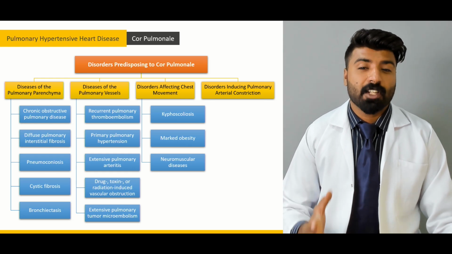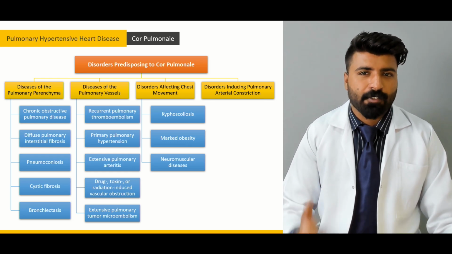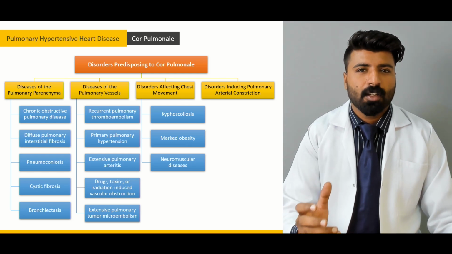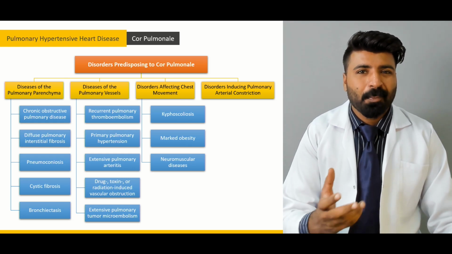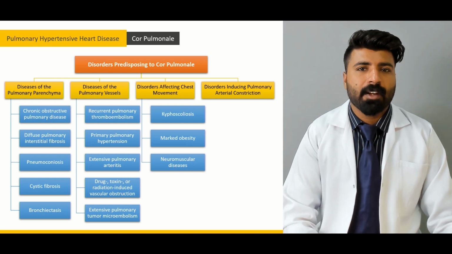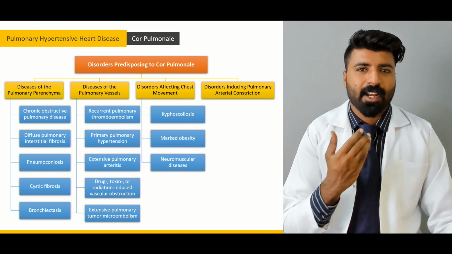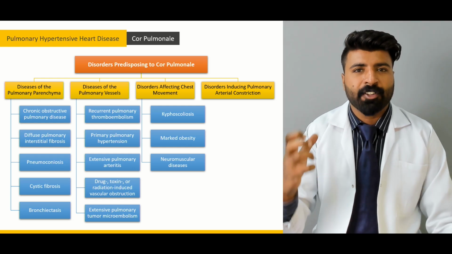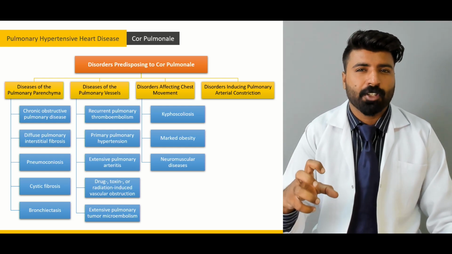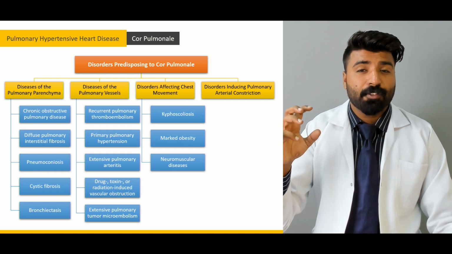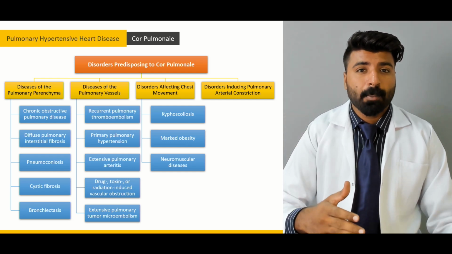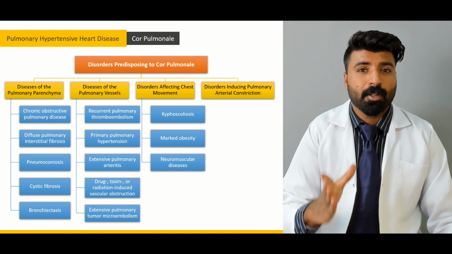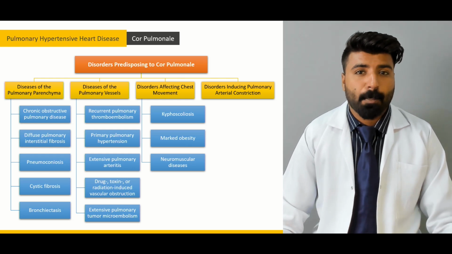If the respiratory muscles are not working, if the diaphragm is not working, what will happen? You cannot breathe enough. You cannot expire enough. If they're not inspiring and expiring, there's no oxygen whatsoever. The blood will start pooling in the right ventricle, and it will need more and more pressure for the blood to go through the pulmonary vasculature. So that will lead to pulmonary hypertension, and that in turn will lead to cor pulmonale.